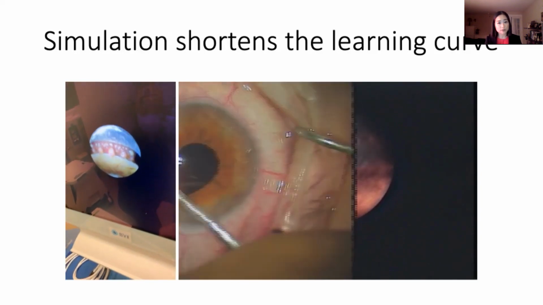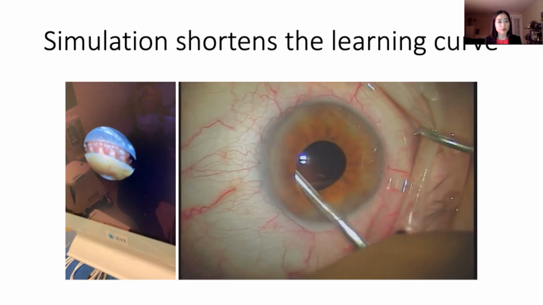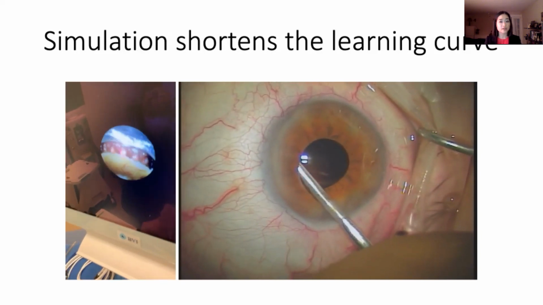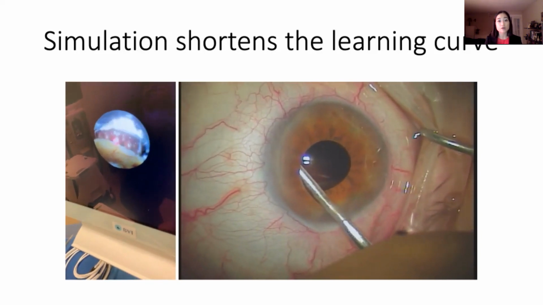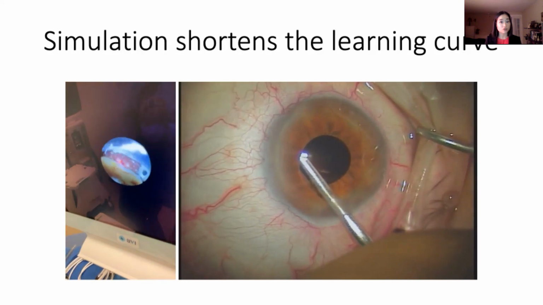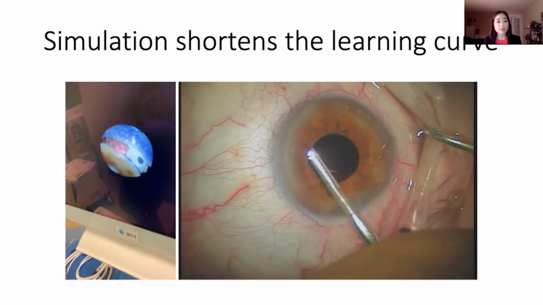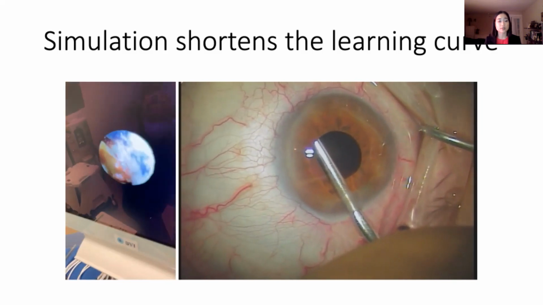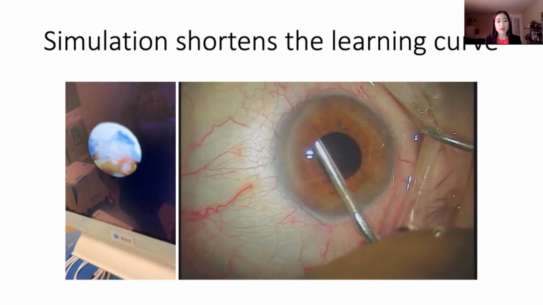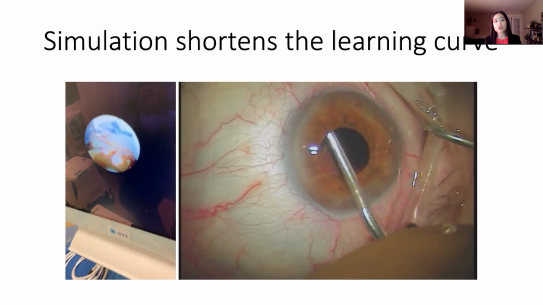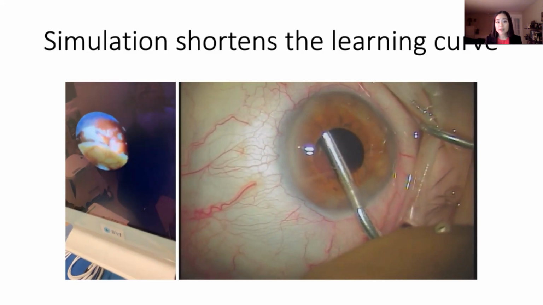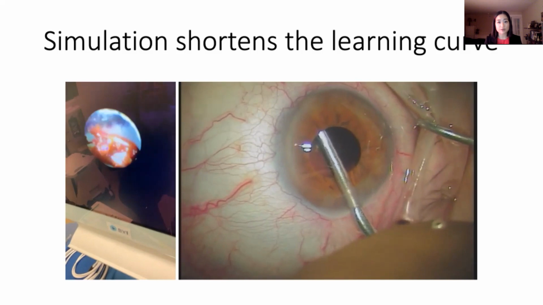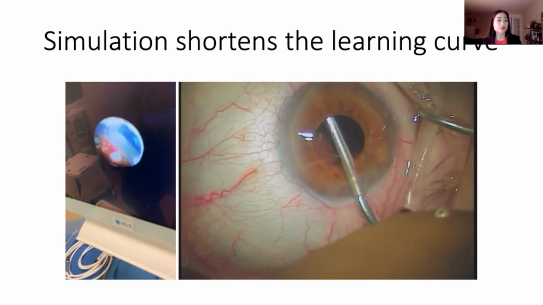Also, there's difficulty instructing the staff to properly orient the camera, or maintaining a constant distance from the ciliary body to the endoscope. So having a simulation session can really help figure out these small but important aspects of the surgery to maximize the benefit, and you can feel much more comfortable before your first few cases.